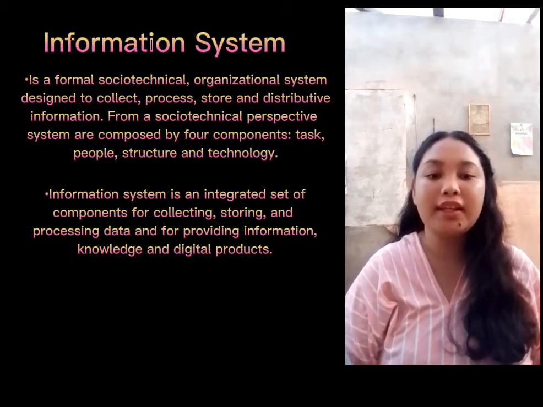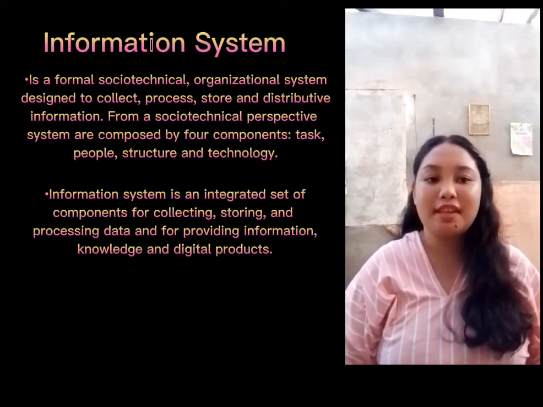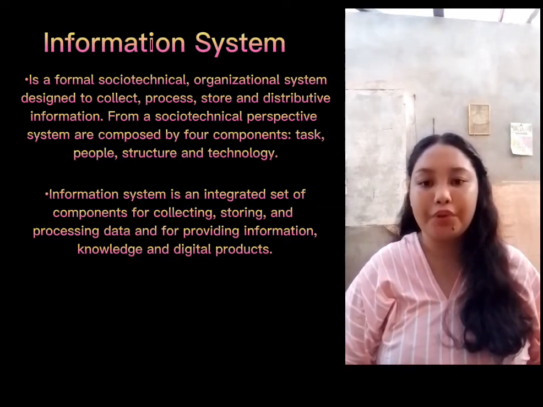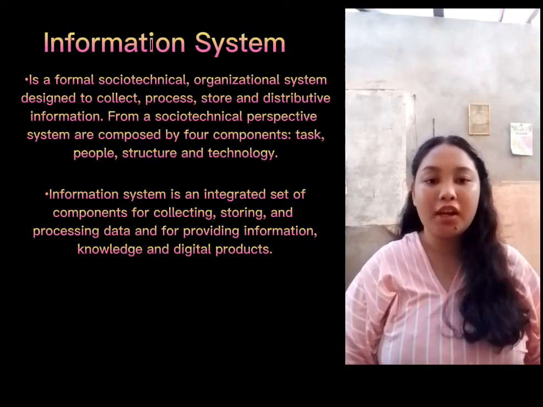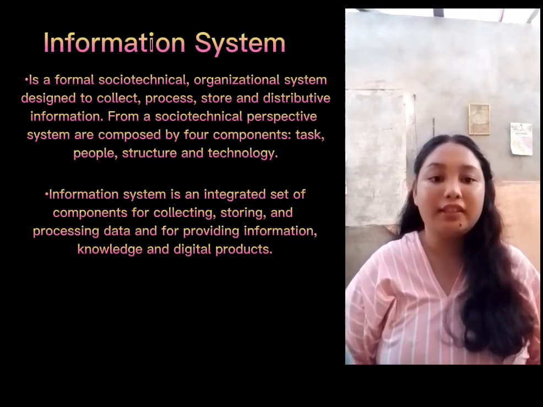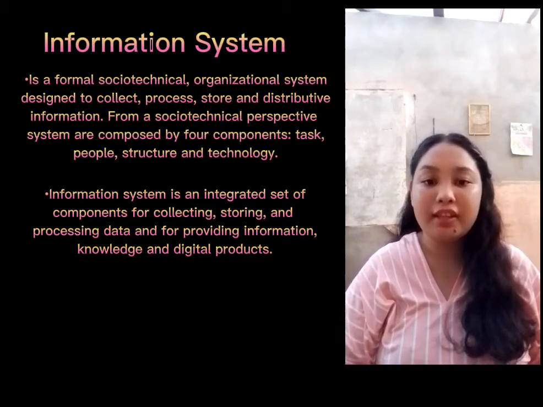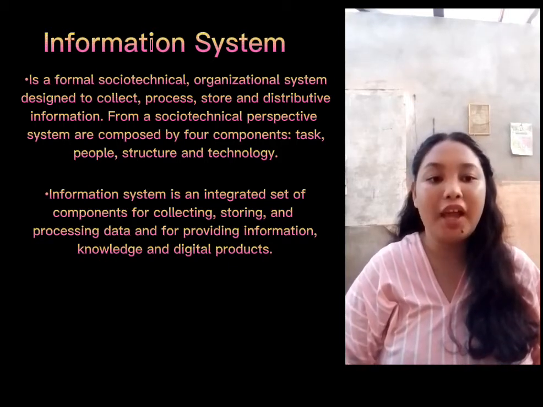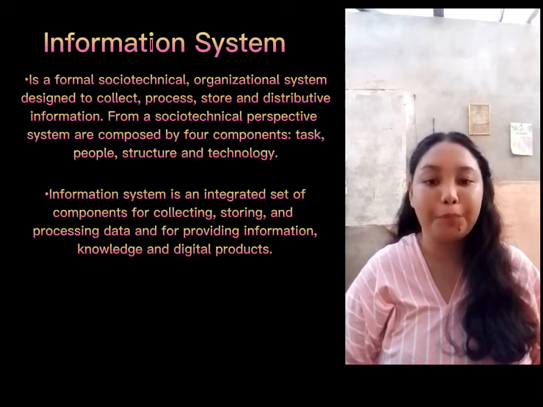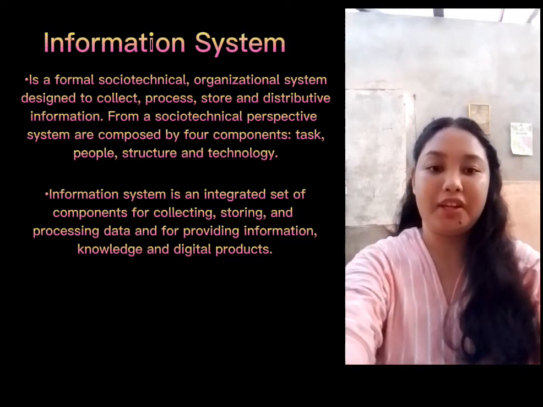From a socio-technical perspective, information systems are composed of four components: task, people, structure and roles, and technology. An information system is an integrated set of components for collecting, storing, and processing data and for providing information, knowledge, and digital products.